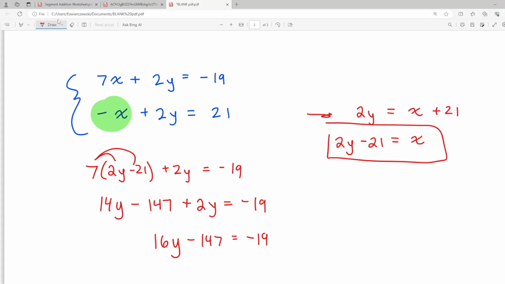Add 147 to both sides. 16y equals, is this 128?